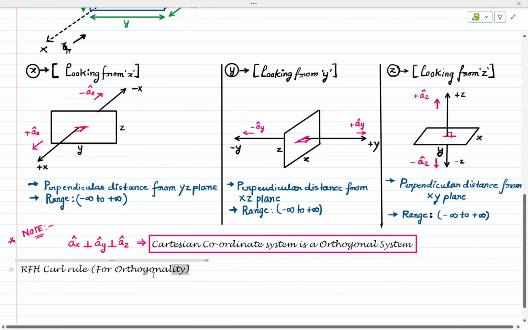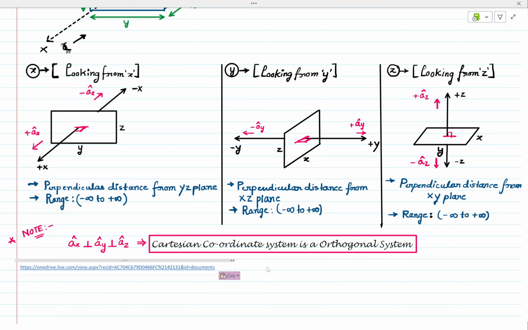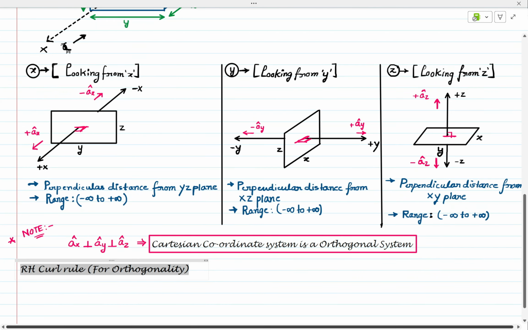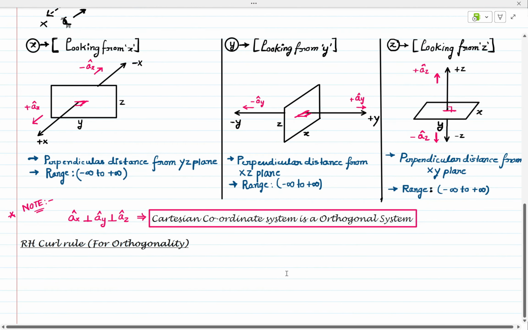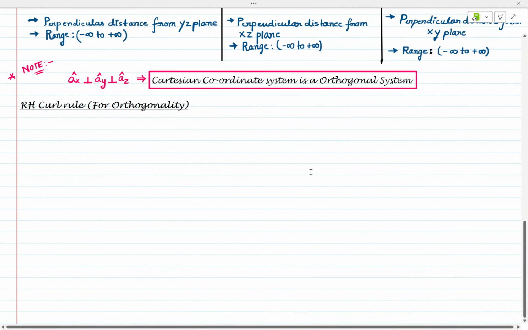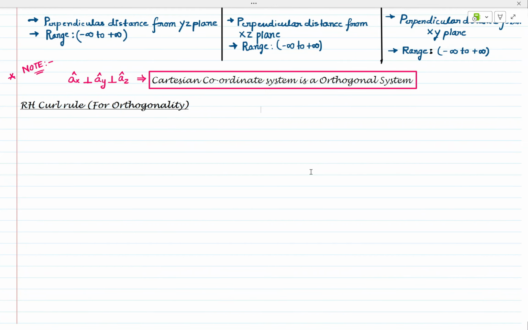A very important concept. It will be used everywhere in the electromagnetic system. RH curl rule is nothing but the right hand curl rule.